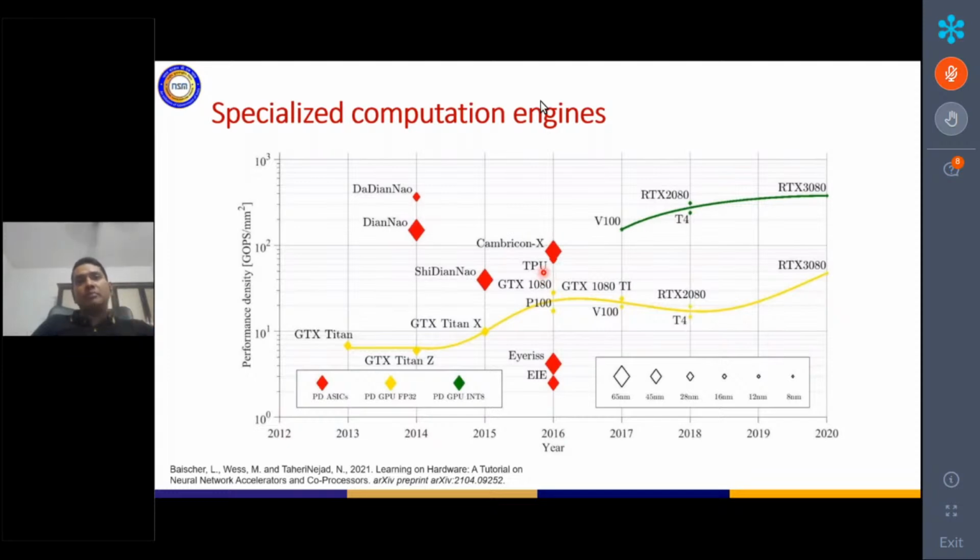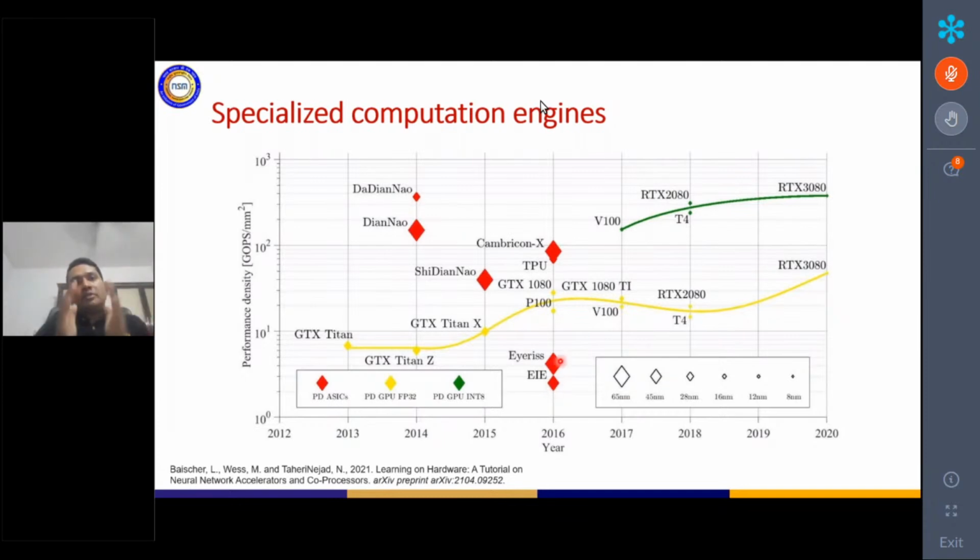Okay, so the first version of TPU. This is the Tensor Processing Unit published by Google, and that is also ASIC based. And you have Eyeriss, published from the research group of MIT, and EIE. So several ASIC-based implementations are there that you can see, and they use several feature map sizes.